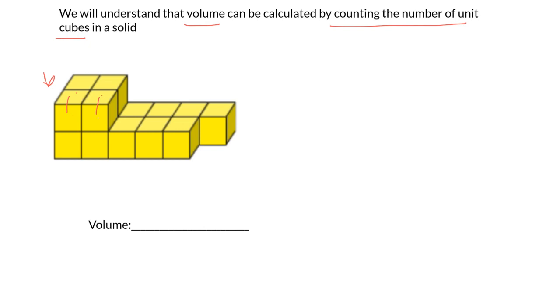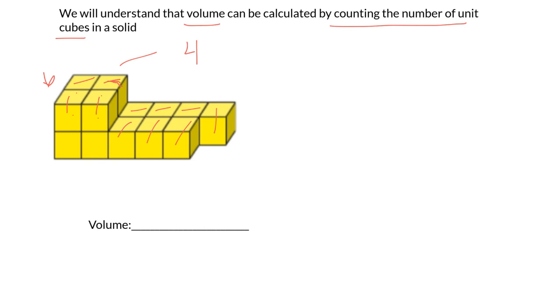Okay, so 1, 2, 3, 4. So even though I can't see the other faces of those, I can see that there are 2 cubes behind those front 2 cubes. So our top layer is made up of 4 cubic units. Now I'm going to count these others that I can see very well first, okay? So I have 1, 2, 3, 4, 5, 6, 7.